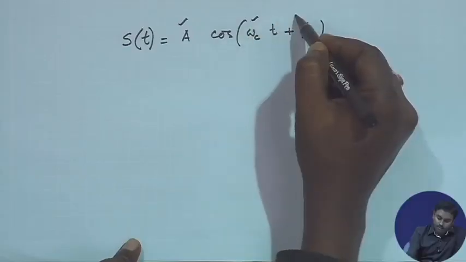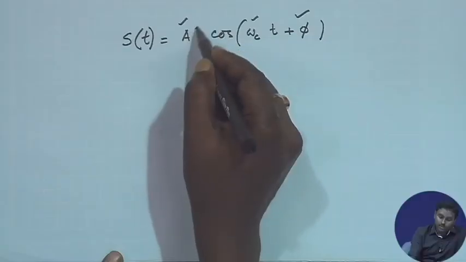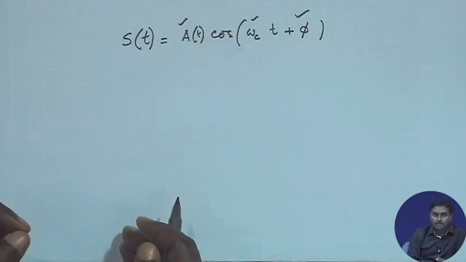Okay. So right now we can see there are 3 terms in the carrier. While modulating, I can use one of these 3 to carry my signal. Suppose I have a message. What I can do is make this amplitude time varying, proportional to my message signal.